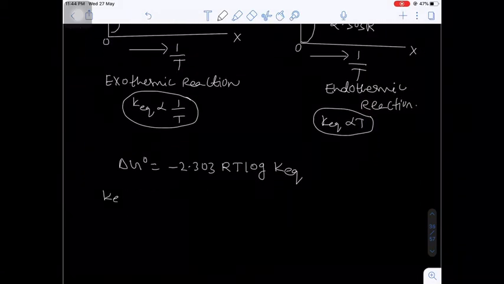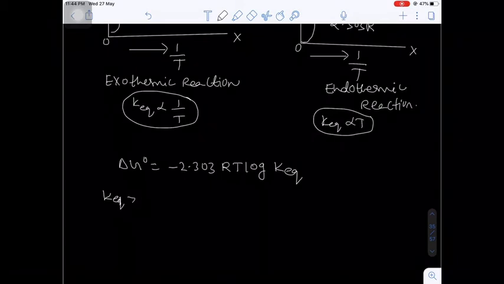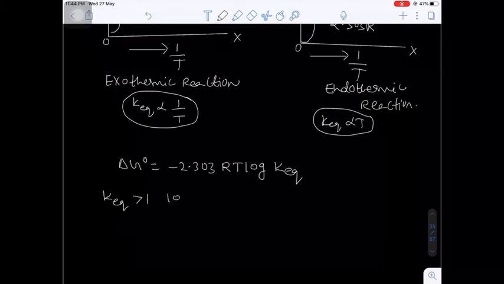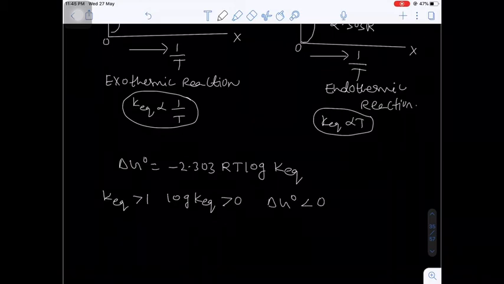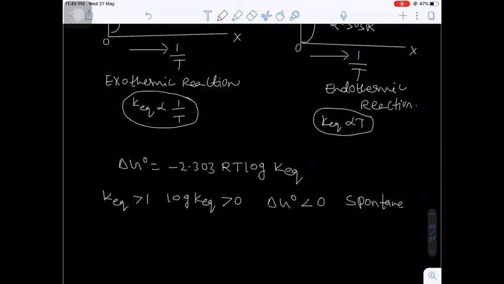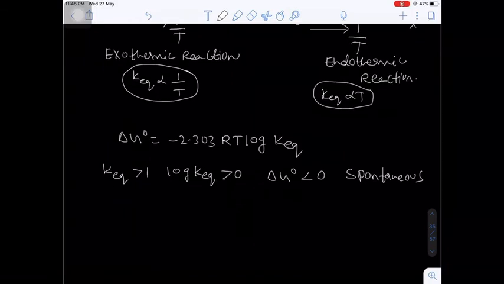In this expression, if the K equilibrium value is greater than 1, then log of K equilibrium should be positive. Positive into negative is negative, so delta G naught will be negative. That means the process becomes spontaneous.